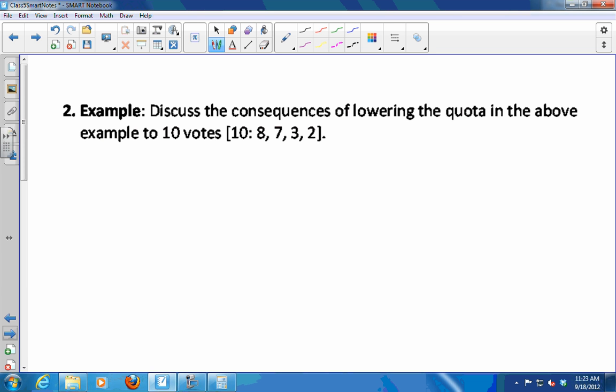Yeah, so player 1 has a lot more power when you lower the votes. But what if player 4 was the one who agreed with him? He'd have 10, right, which is enough. It would tie, yeah, and that would be, I mean, what's the point then, right? You can't ever make a decision. So there's a possible tie here.